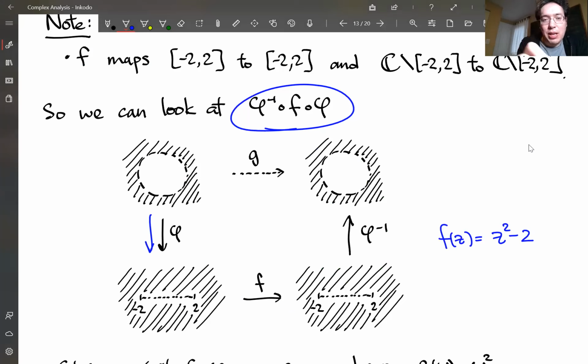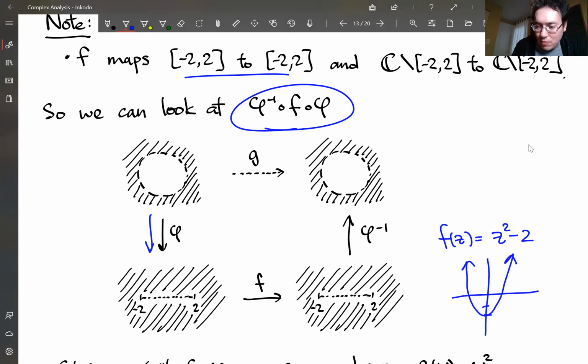And I should note that if you graph the real function between -2 and 2, the image maps to any real number from -2 to +2.